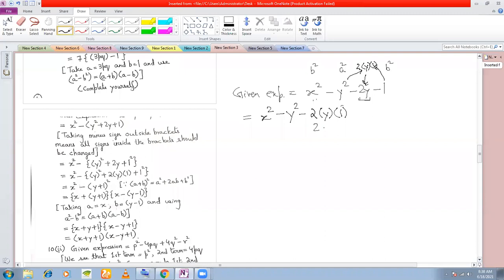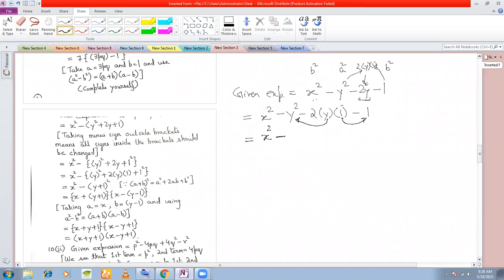So this we have broken up as 2ab and you write this as it is, right? Now we need a square and b square. So you see a here is this and b here is this. But what about the signs?